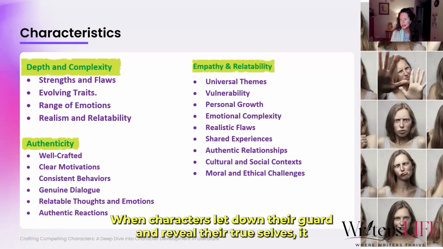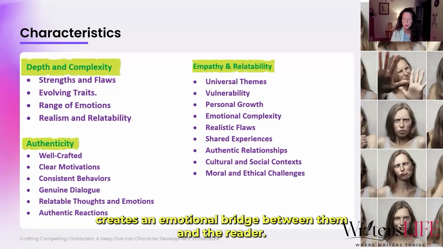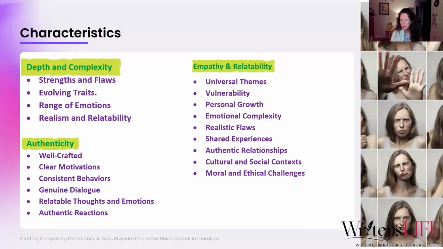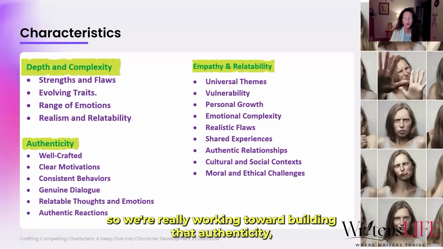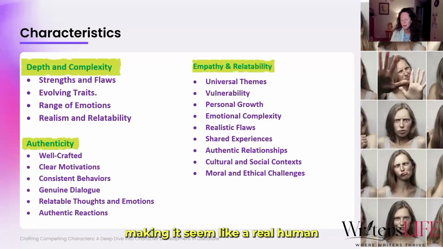When characters let down their guard and reveal their true selves, it creates an emotional bridge between them and the reader. Emotional complexity. Characters who navigate complex emotional landscapes, again, feel very authentic.